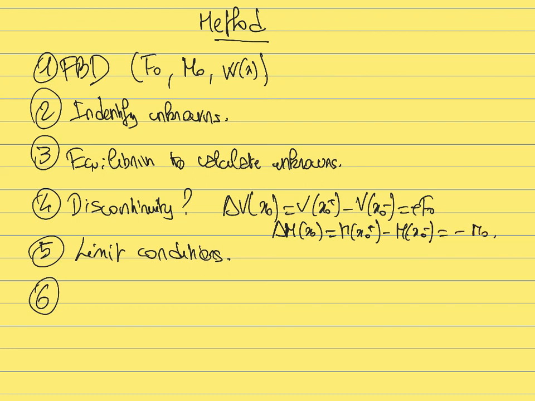In the case of the limit condition, typically what you will get is the value of the internal shear on the left and on the right, for example at x equal L, or maybe 2L or 3L, whatever the position on the right of the beam is. And you will also get the value of the internal moment on the right and on the left. That's what the limit conditions will look like.